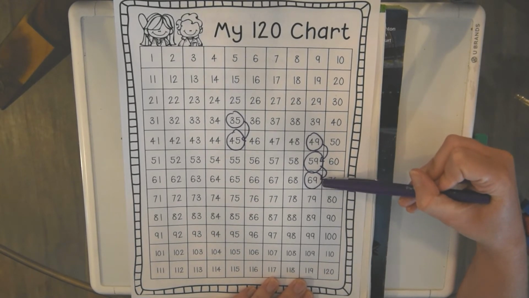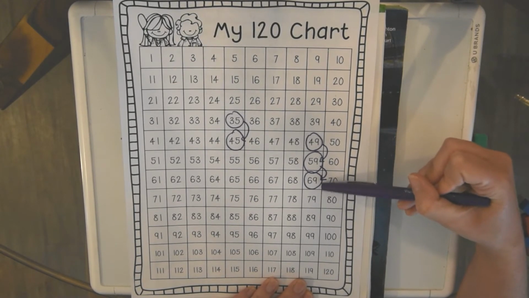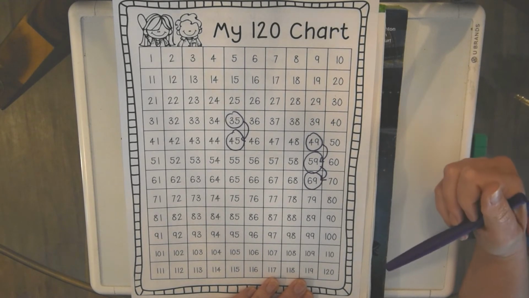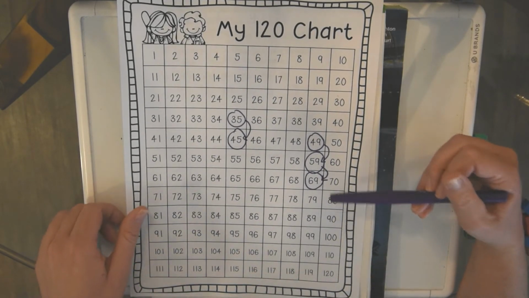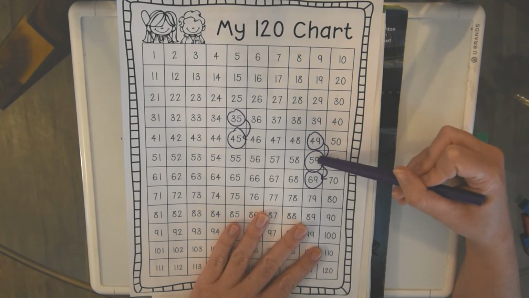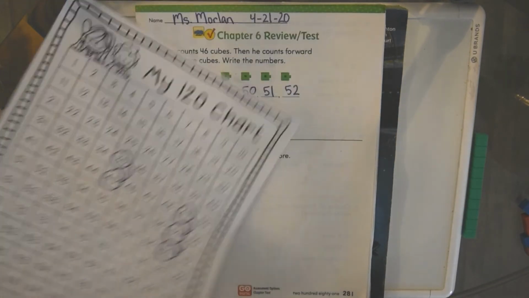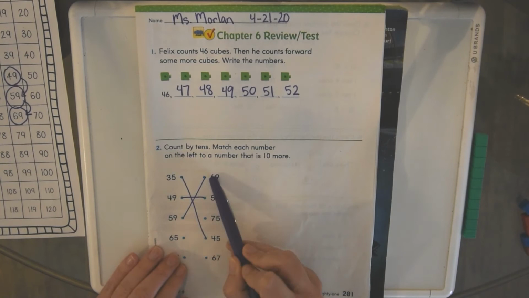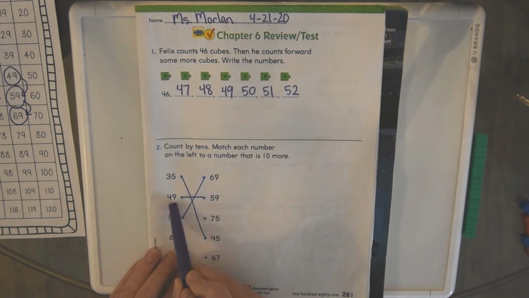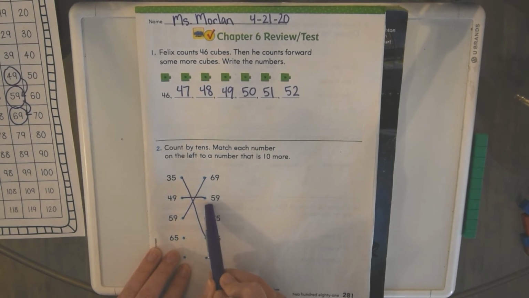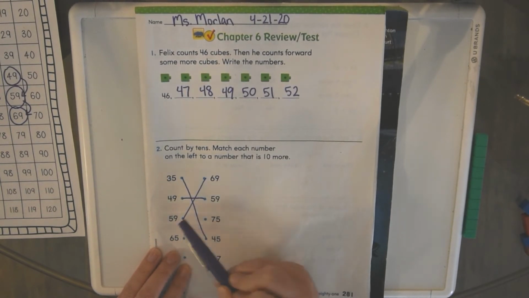So 69 is actually 2 more tens than 49. But we are only trying to find the number that is just 1 more 10. So you only move down 1 to find the answer. Okay? So these two are not a match, right? The matches are 49 to 59 and 59 to 69.